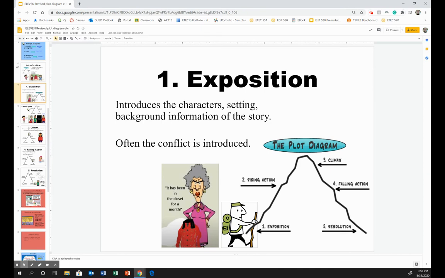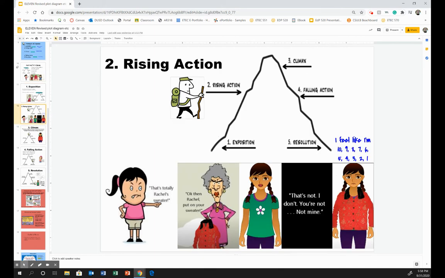So the initial conflict is when the teacher says, "This thing has been in the closet for a month. Rachel, it's yours." And up through the rising action, she continues to say, "It's not mine, it's not mine." And she says what the exposition said about, "I feel like I'm 9 and 10 and 7, 6, 5, 4, 3, 2, 1."